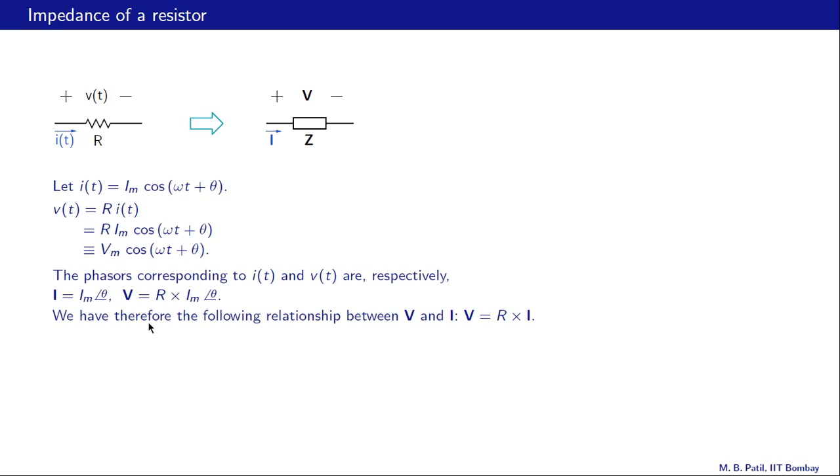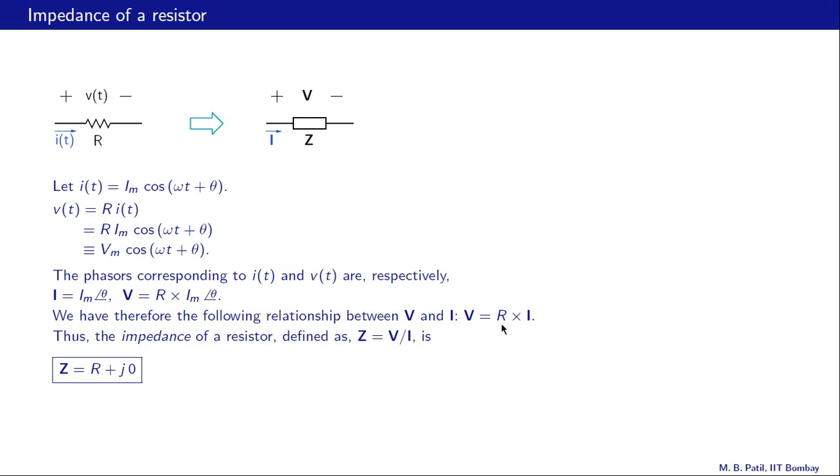We have therefore the following relationship between phasor V and phasor I, that is V is equal to R times I, as simple as that. And we can see that from here, V is R Im angle theta, I is Im angle theta, so therefore V is simply R times I. And therefore the impedance of a resistor, which is defined as Z equal to V by I, is Z equal to R plus j0.